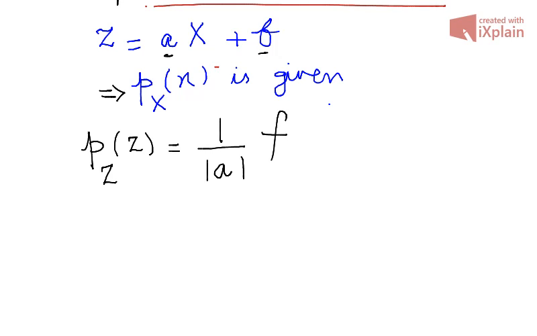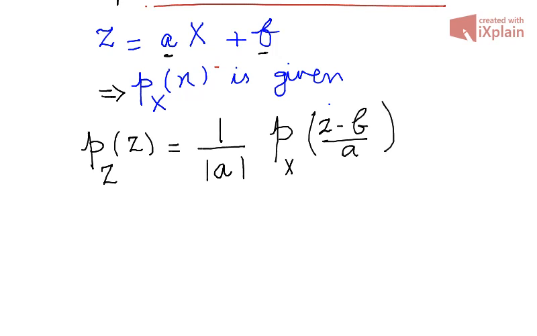So if p of x is given, you can write the PDF of z in this form. Let me write it here as p of z minus b over a.